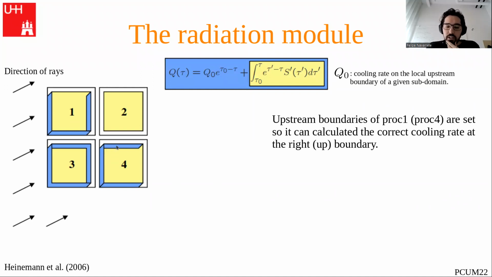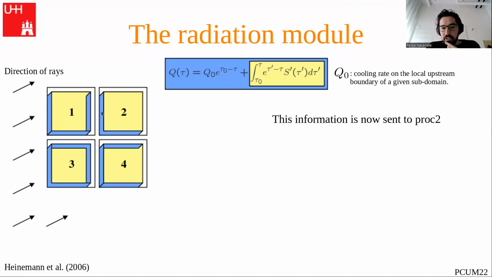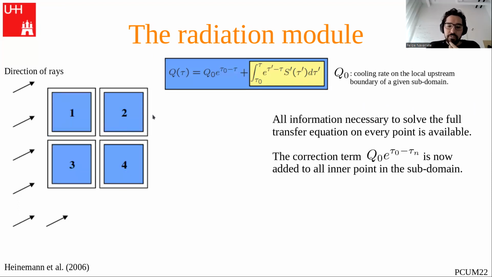They can calculate the other cooling rates. And this is then communicated to processor 2. And then after this is all set, every processor now can work in parallel and add a final correction term to all inner points in the subdomain.